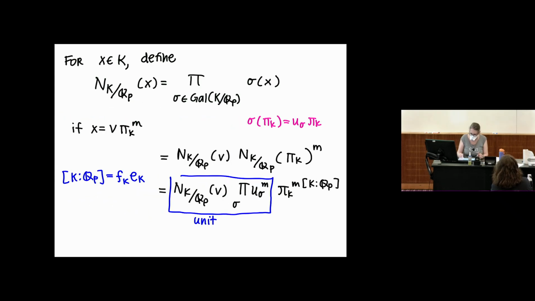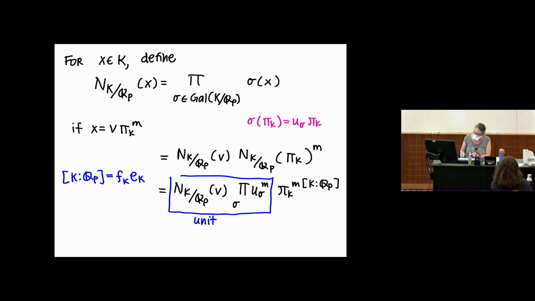This norm element belongs to Qp. You can see that if you act by Galois, it's fixed by every element of Galois, so it has to be in Qp.